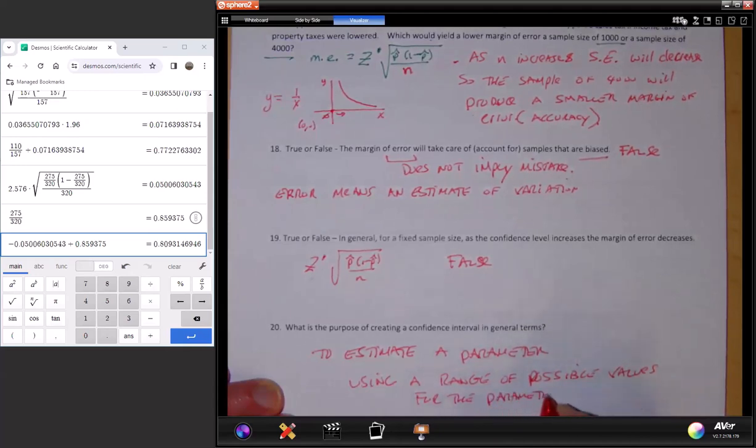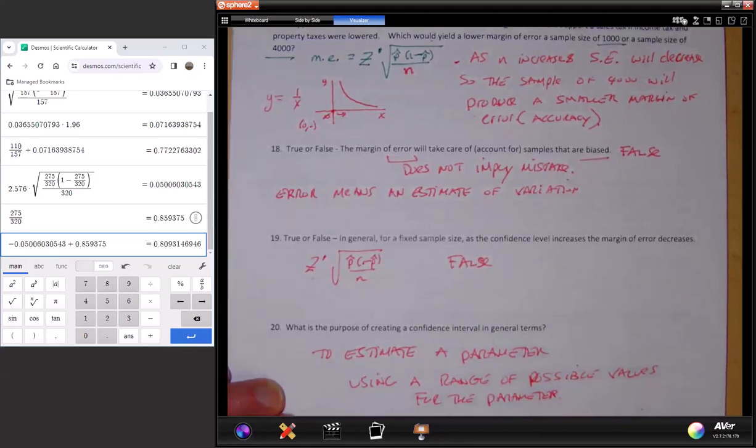So again, what this means is that we know that the number we're about to produce using statistics is wrong. So using that as a center, we'll use a potential set of other values that could be the parameter.